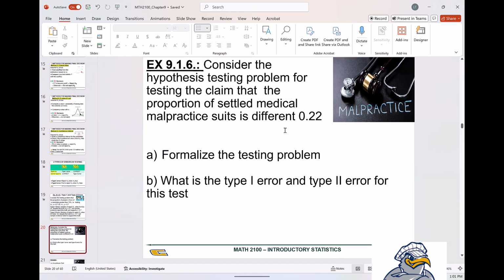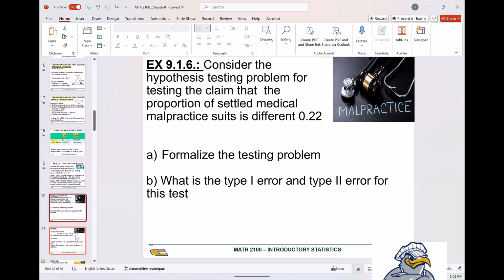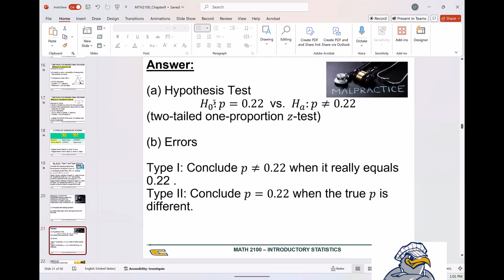So we talk about proportion, right? So our testing problem will be, the alternative we want to support would be P different from 0.22, where P is the proportion of medical malpractice suits. And the null would be P equals 0.22, always with the equal sign, right?